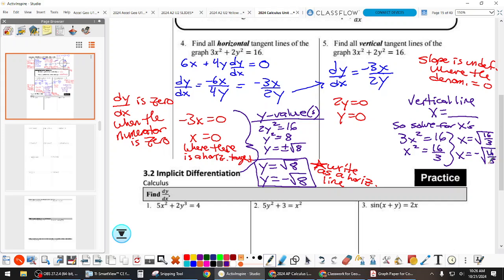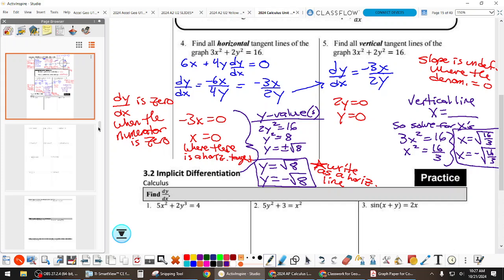And you could square root the 16 and make it 4 over square root of 3. Alright, any questions on those? Seems okay, right? Okay. Big idea is just knowing how you get the slope either 0 or undefined, and of course making sure to do your dy dx correctly.